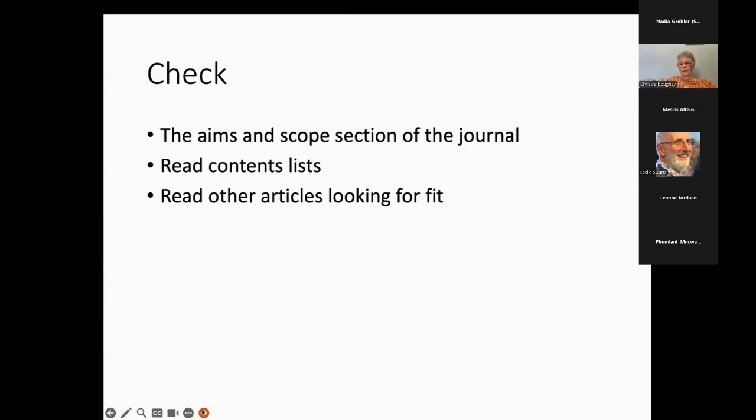The other thing you can do is check contents lists, and see how specialized, how expert are the texts, and read other articles looking for fitness between what you're wanting to write about and what's been written about in the past. So the big question here, I think, is how general or how specific the journal is, and therefore how will what you're sharing fit with that journal.